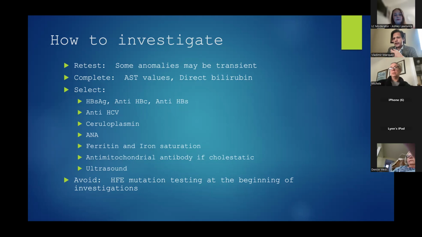And as such, if it ends up being done in older people, it could be leading to a lot of waste of resources. So probably something that should be left more to the specialist level to see if it's relevant to test for this mutation.